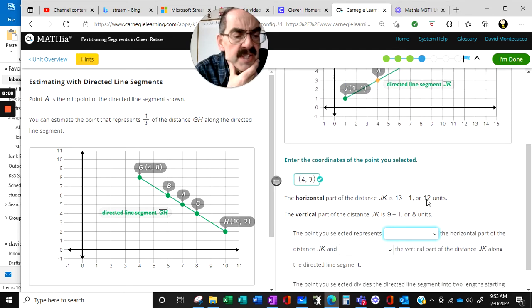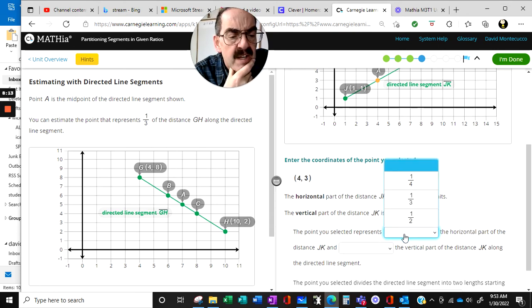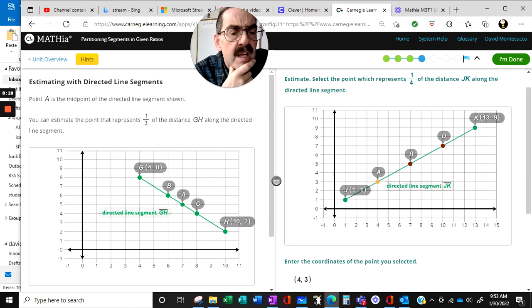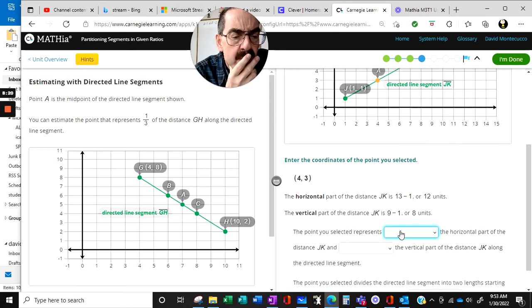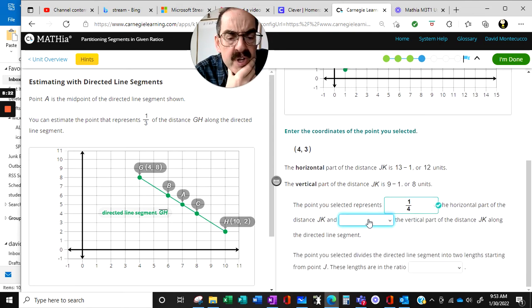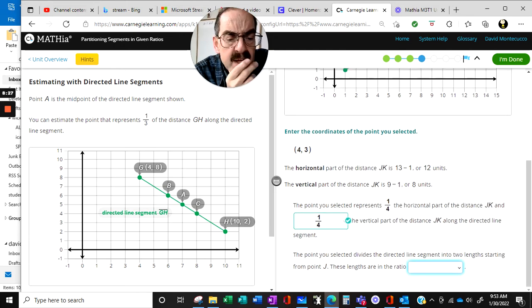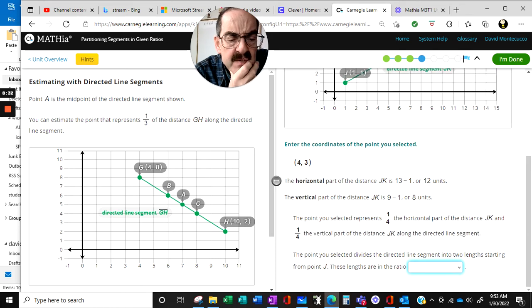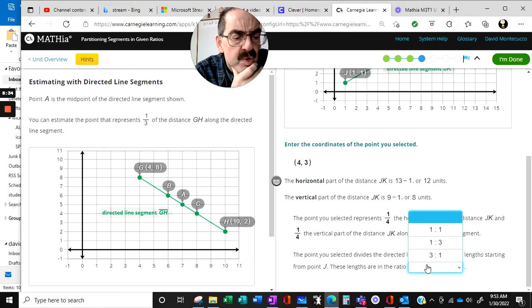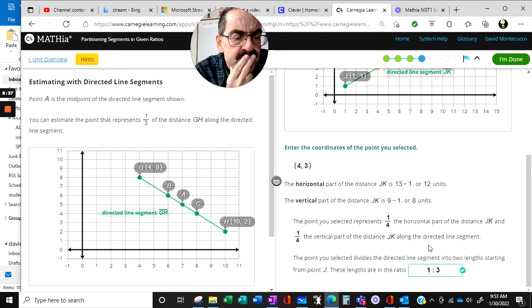Okay, the horizontal distance, the vertical distance, the point you selected represents one fourth. Oh, we're doing fourths. And the vertical distance has to be the 4th. The lengths are in the ratio of 1 to 3. Yep. 4 parts, 1 of 3.